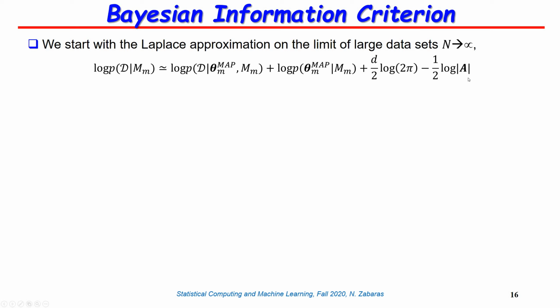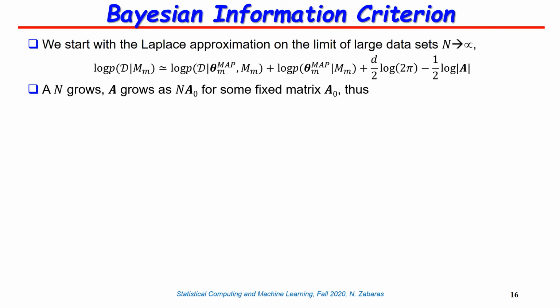Now remember that A involves second derivatives of the log posterior, which is likelihood times the prior, and the likelihood increases with the number of data points n. So it is a good approximation to assume that as n grows, this matrix A grows as n times A0, for some fixed A0.